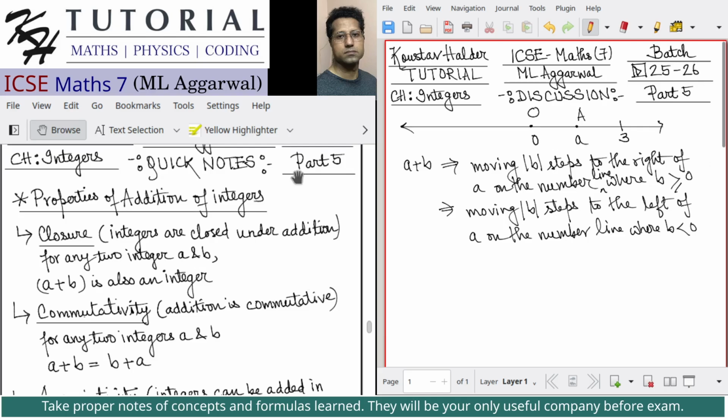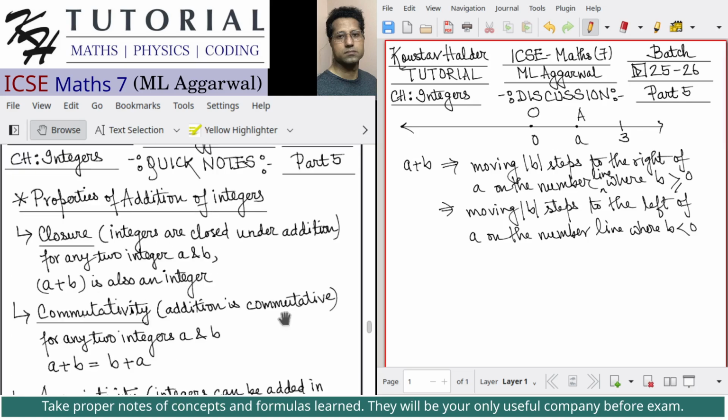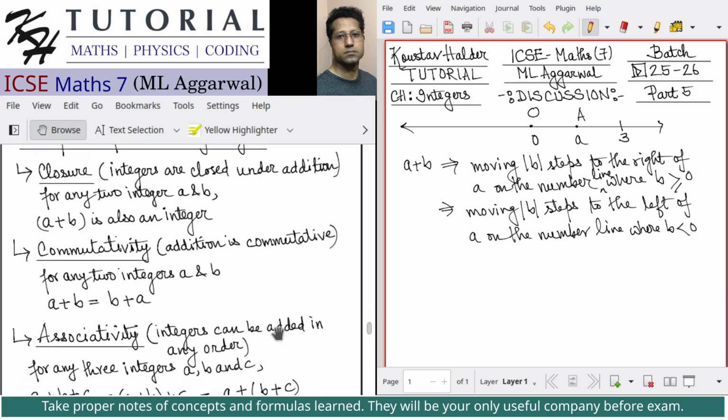Okay, so that was the closure property. Let's see commutativity. Now what is the property of commutativity? We say that addition is commutative. It means that for any two integers a and b, a plus b will be equal to b plus a. It is very true that 2 plus 3 is equal to 5, which is also equal to 3 plus 2.